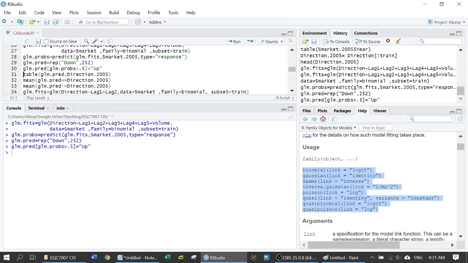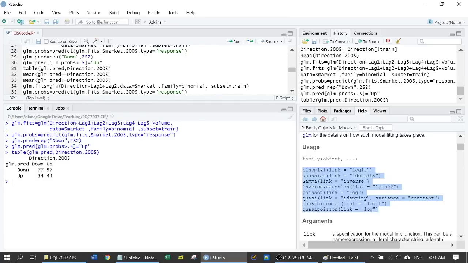Next, we want to make a cross tabulation between glm.pred and the actual value of the direction. On the column part here, we have the actual value. So you have correctly classified 77 and 44 here, but you have incorrectly classified 34 and 97 here.